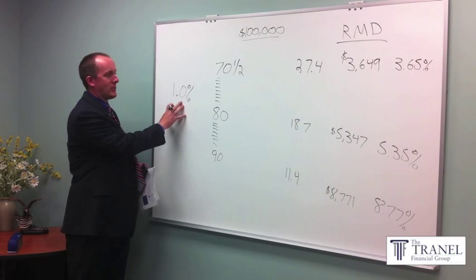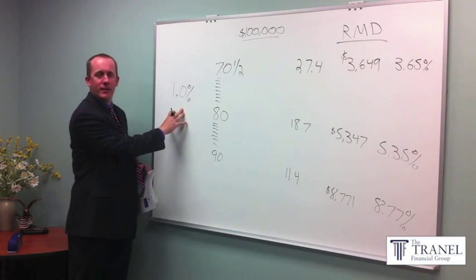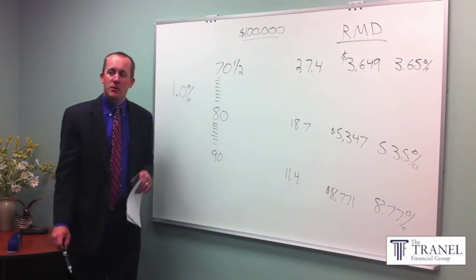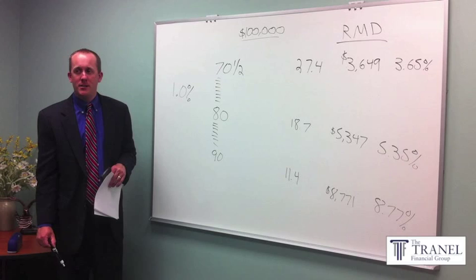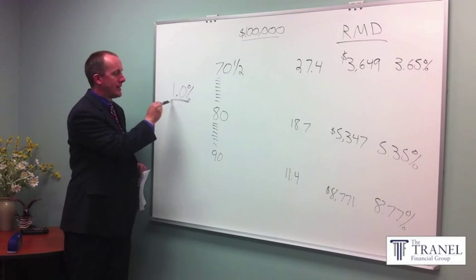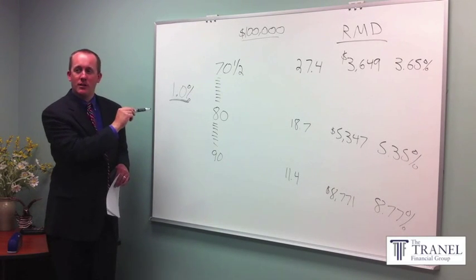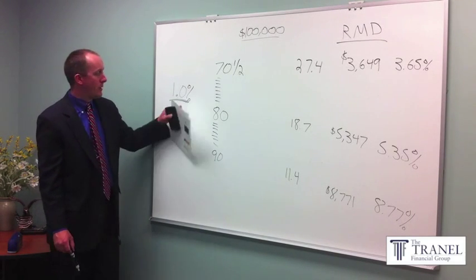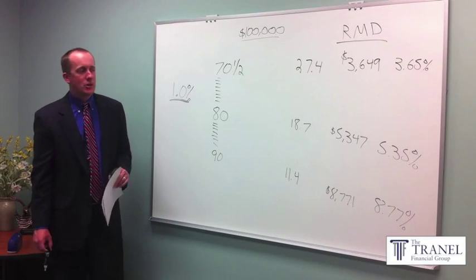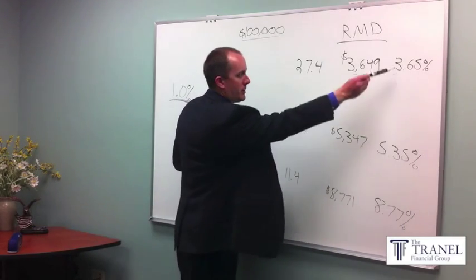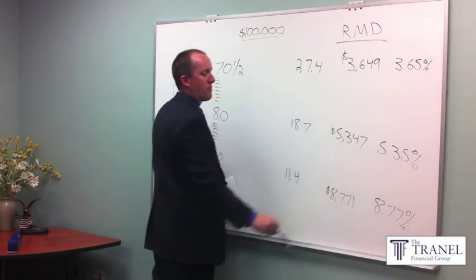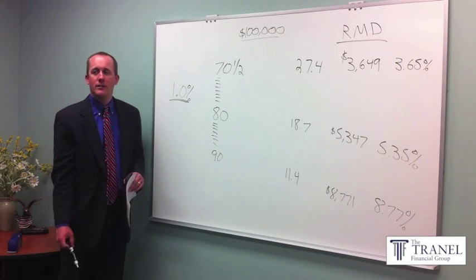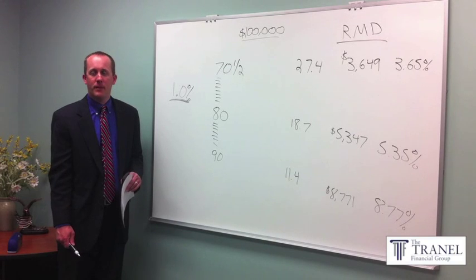But at any rate, if someone's earning 1% and they're going to be forced to withdraw over 3.5% down the road just for RMDs, they see very quickly that they can't stay that course and maintain their IRA balance. The RMDs are going to be more than what they're even going to be earning. So this certainly builds the case to be invested productively so you can at least earn that much of a return on your nest egg.